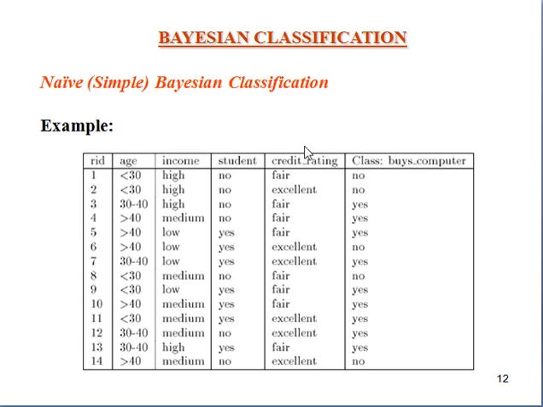And in the fifth column you can see that we have some credit ratings given, and credit rating can be fair or it can be excellent. In the last column you can see that we have a class which is represented by buys_computer.